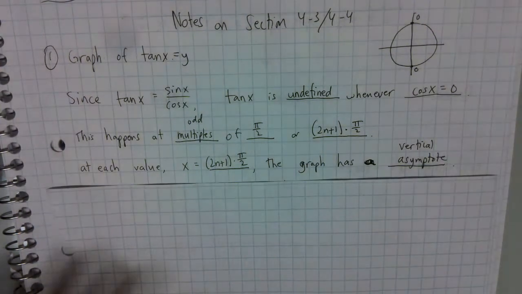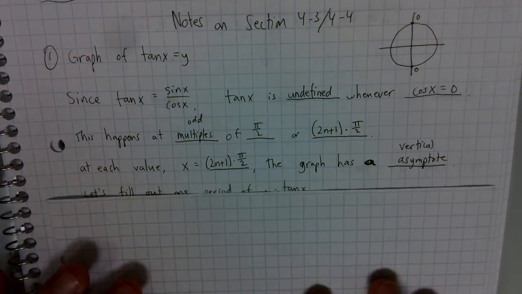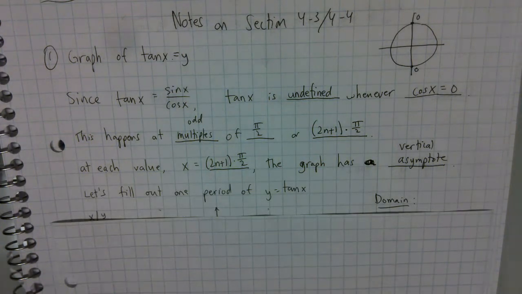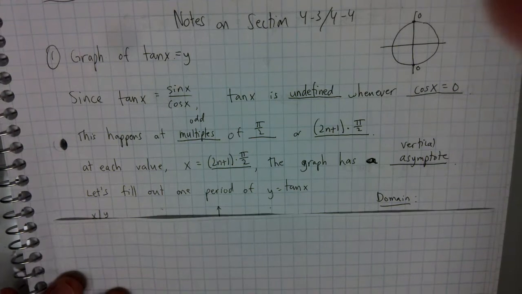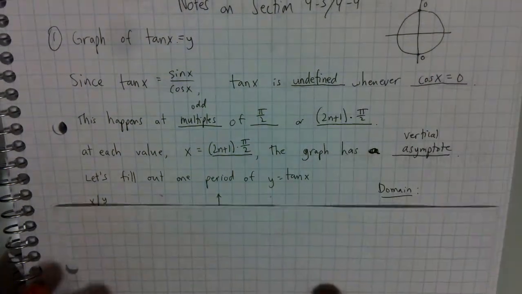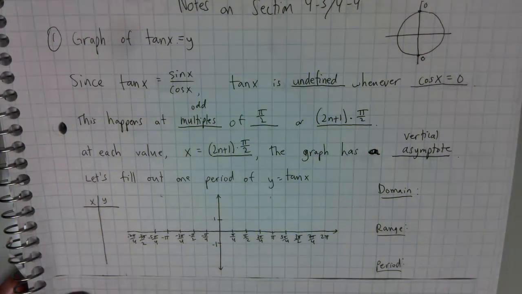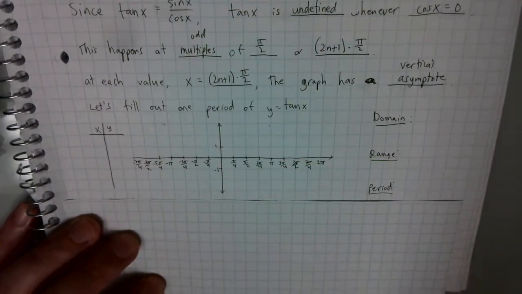All right, I visualize this as like a vertical wall that the function can never touch. It'll get infinitely close to it, but it will never actually touch it. So we're going to actually graph this, and I'll show you exactly what I mean when I say that it'll never actually touch. So we're going to fill out one period of the tangent function.